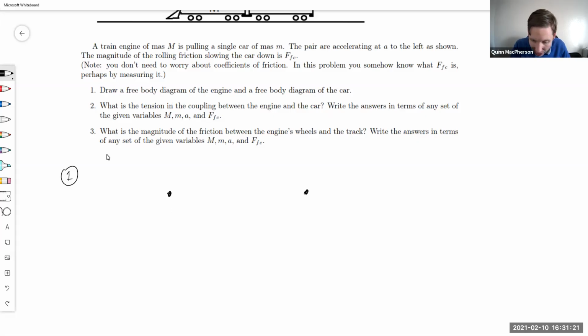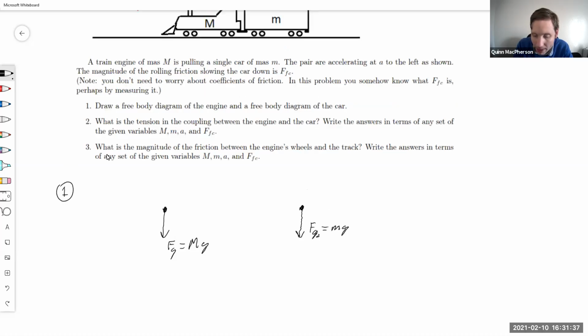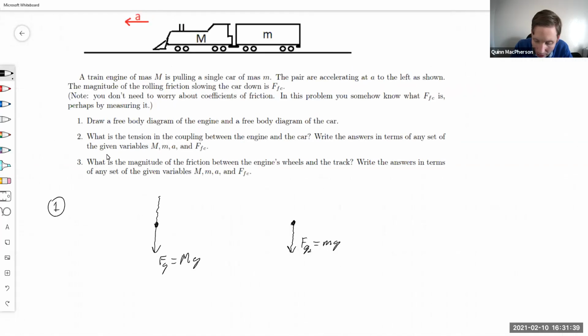As you probably suspect, there's a force of gravity, which is big Mg on the engine, force of gravity little mg on the car. Going upward, we have force normal engine. I'm just kind of coming up with names for these forces. Force normal car.